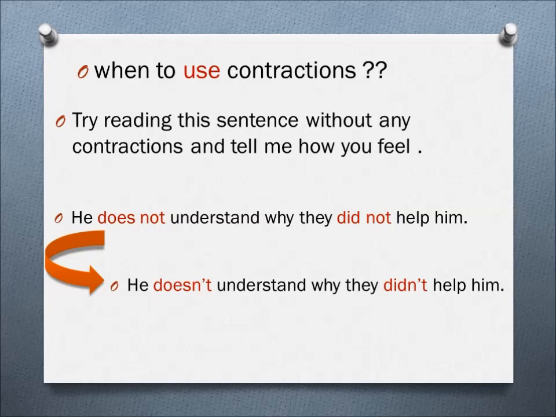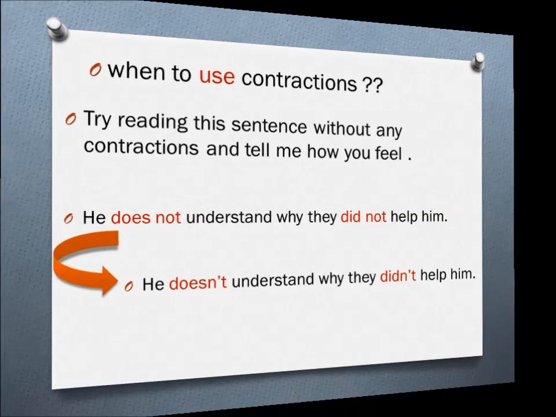Come on, close your eyes. I see that you are smiling. And now: he doesn't understand why they didn't help him. Now, I guess it sounds much easier and meaningful, right? Yes, that is the reason we use contractions. Understand the difference now?